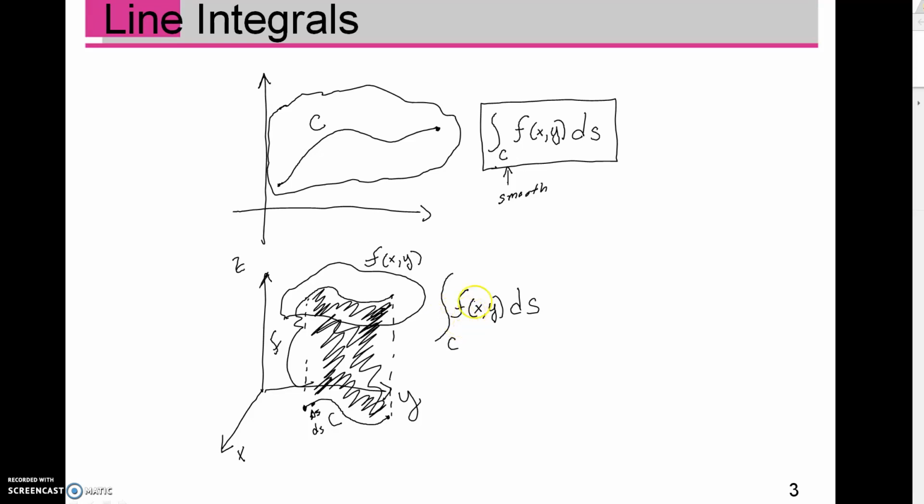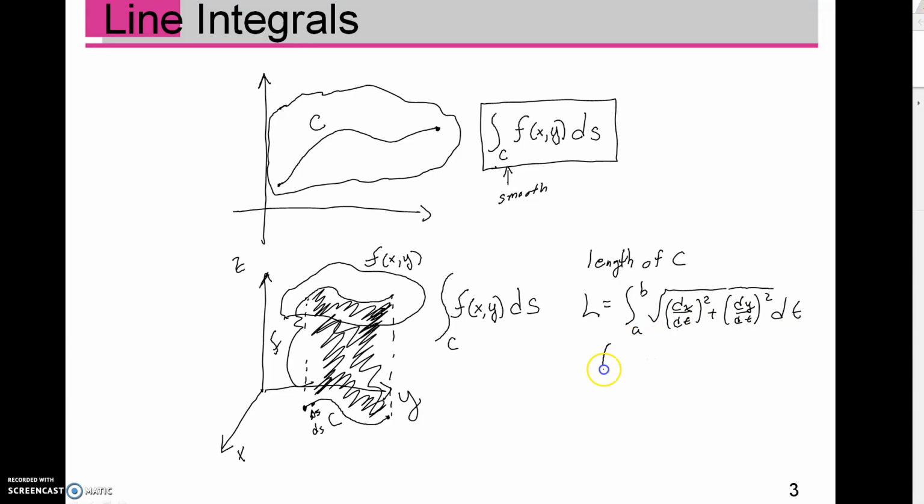So we know that the length of C, let's say L, is the integral from a to b of the square root of (dx/dt) squared plus (dy/dt) squared.